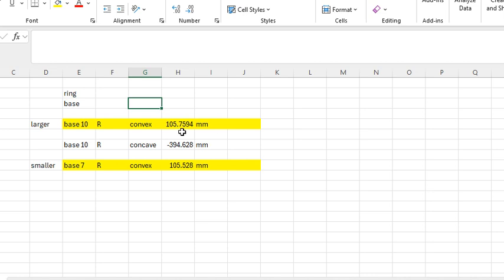When we check the radius of curvature, we see that 105.76 is larger. So a larger base ring gives you a larger R. It is larger R and smaller R, and you have to decide whether this is more accurate or that is more accurate.